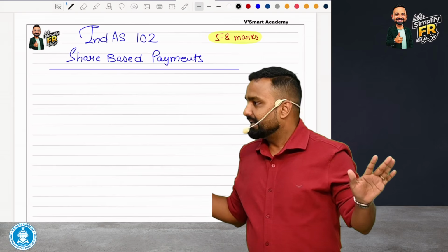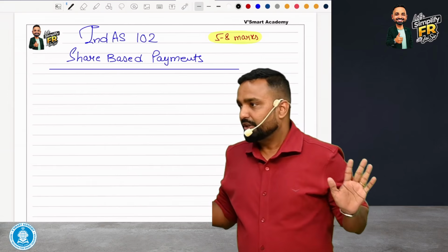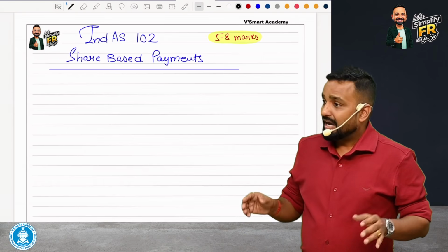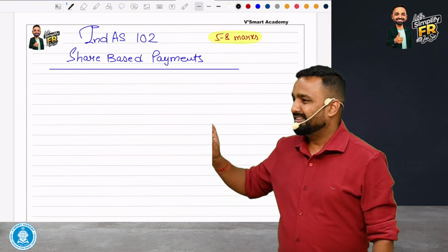I think this is a completely new chapter for you. You haven't read it in CA Inter. In CA Inter, this was not there. And deliberately I'm starting this chapter, not from inventory or PPE.